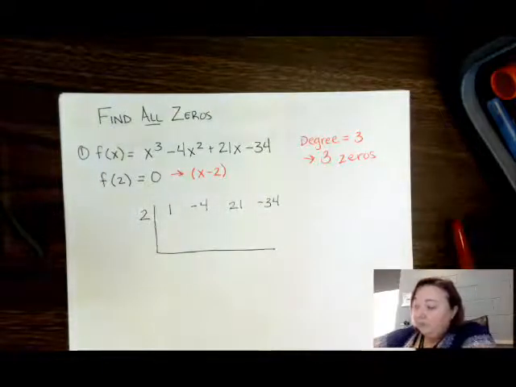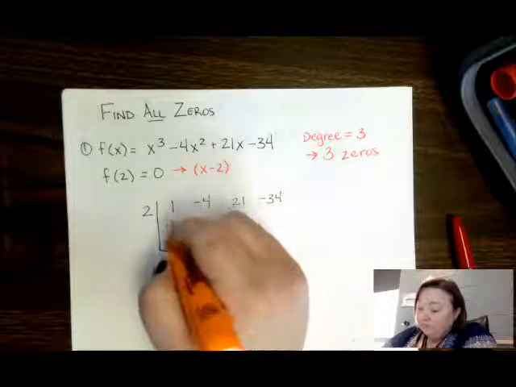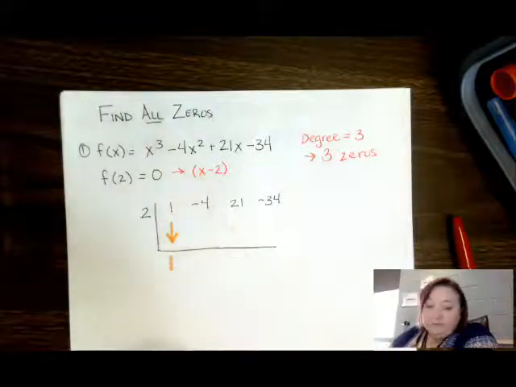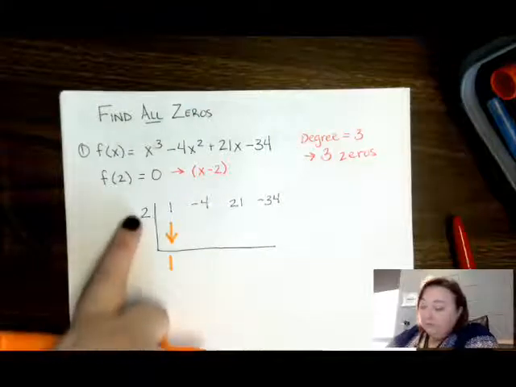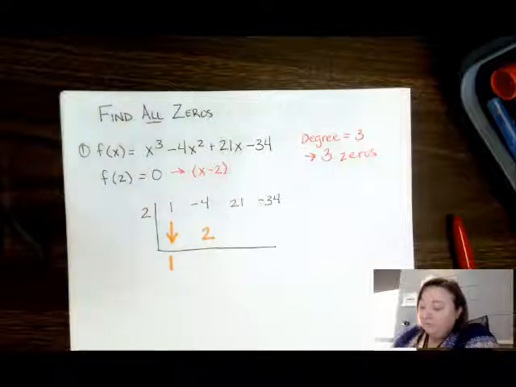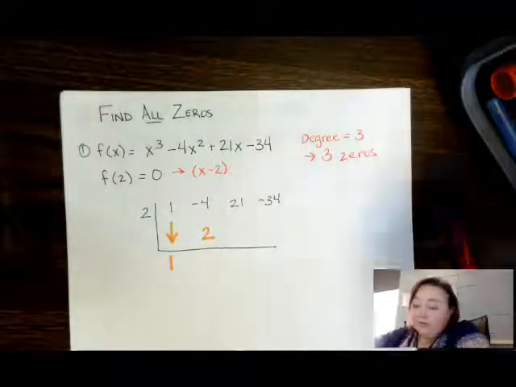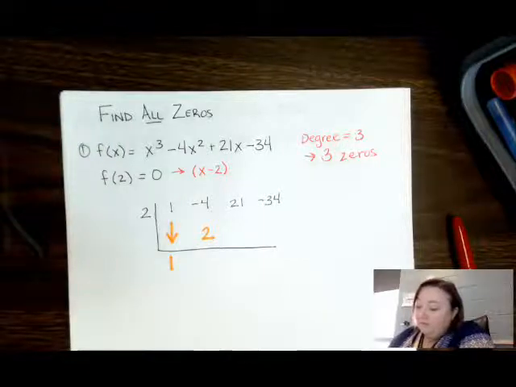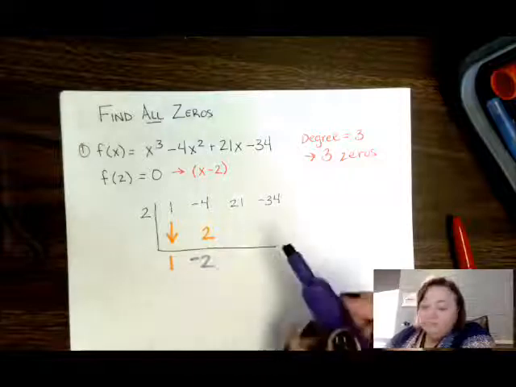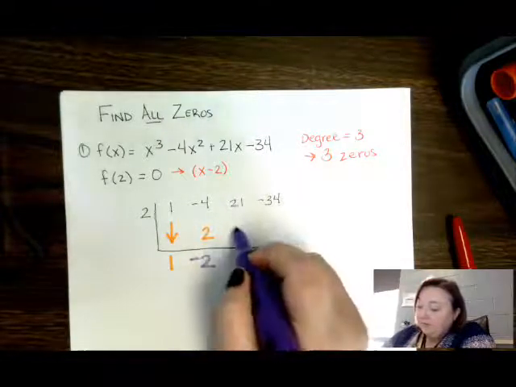So if you'll remember, the very first step is we're just going to bring down 1. Okay? And then we're going to multiply. So 2 times 1 is 2. Then we add. So -4 plus 2 is -2. 2 times -2 is -4.